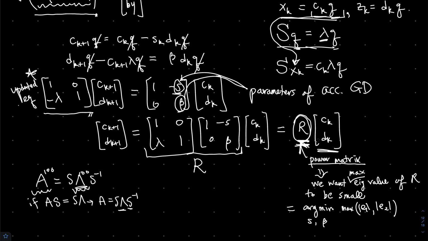And one thing we can remember is that here there's a lambda. So this R matrix depends not only on S and beta, but also on the eigenvalue lambda, which is the eigenvalue of the matrix S from the function.